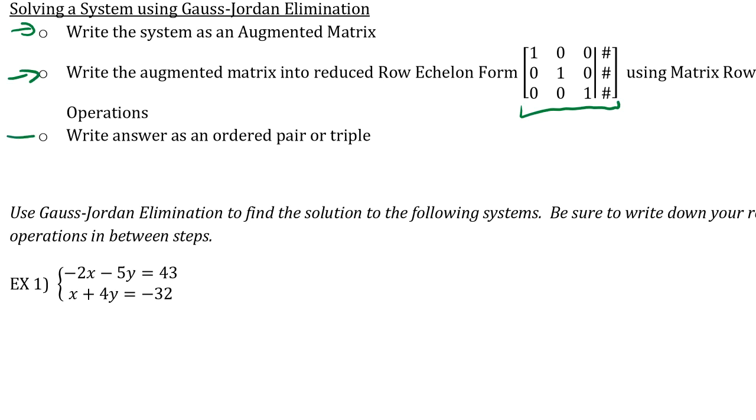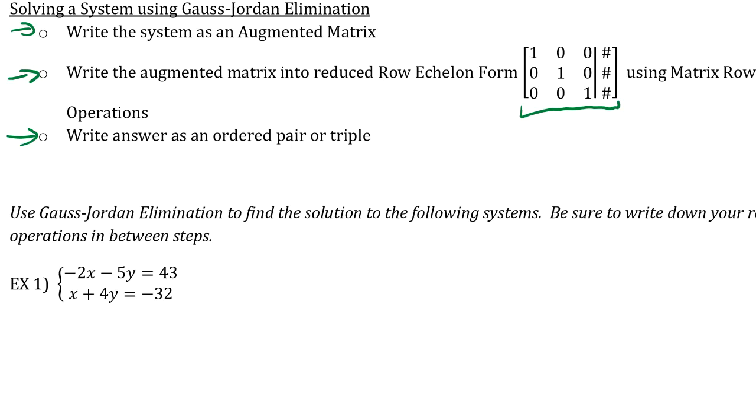And the last step will be, just as before, to write our answer as an ordered pair or an ordered triple, because we are going to get into some systems that now have 3 variables, which means instead of an ordered pair, x comma y, we'll need an ordered triple, x, y, z.